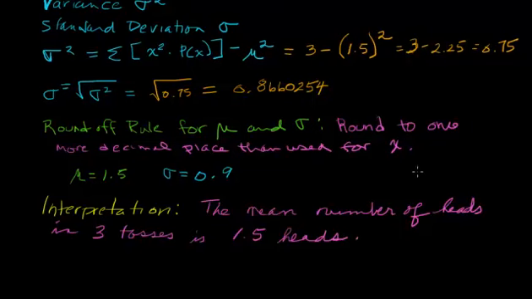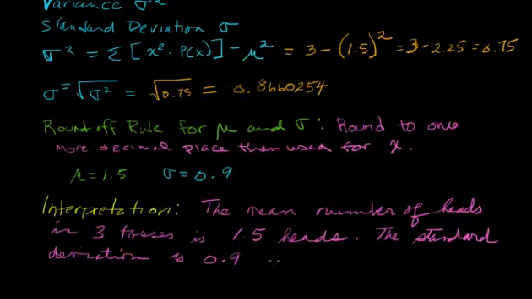The standard deviation is 0.9 head. Okay, so this is how we find the mean and the standard deviation of a probability distribution.